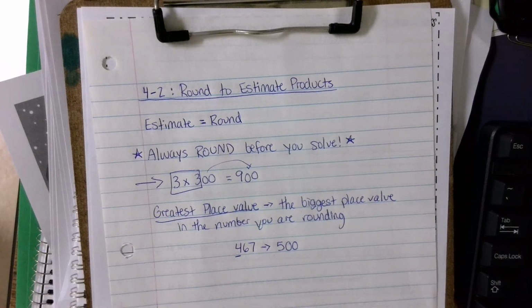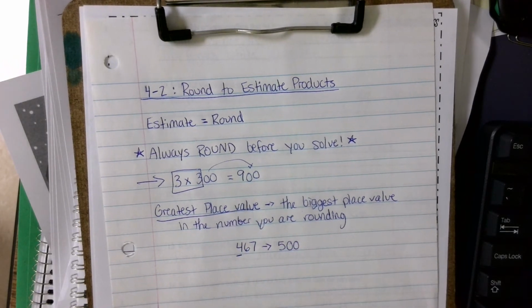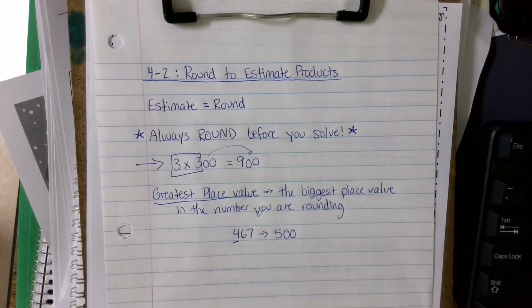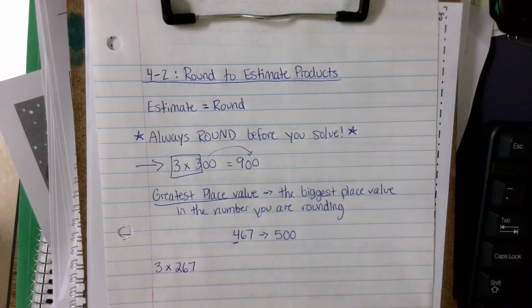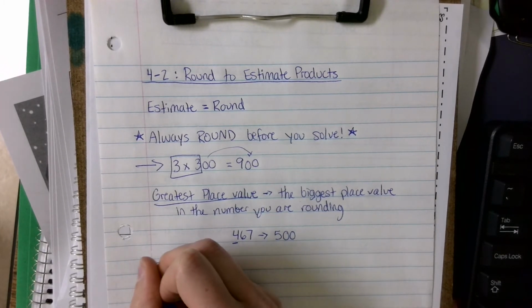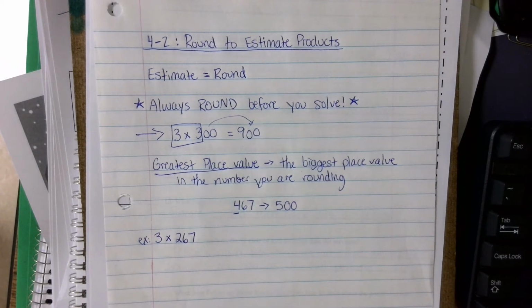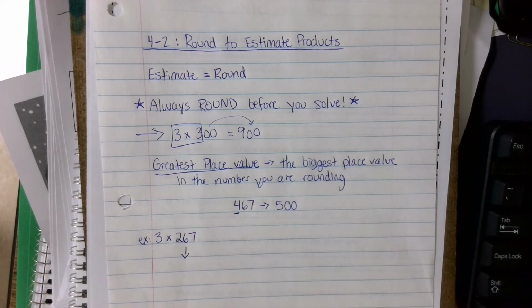A problem that you might see in a lesson like this would be 3 times 267. Okay, so this is going to be our first example. 3 times 267. And when I'm looking at this problem, I automatically think this is the number that I need to round.